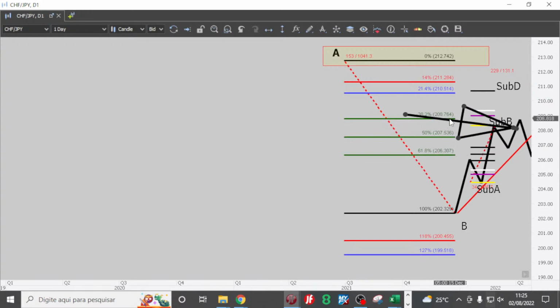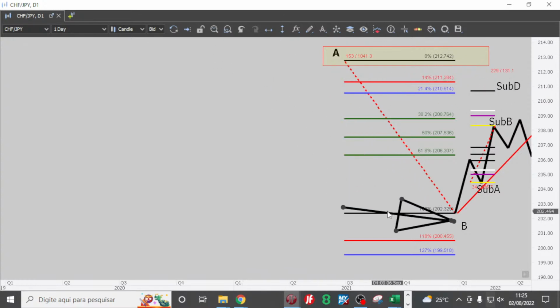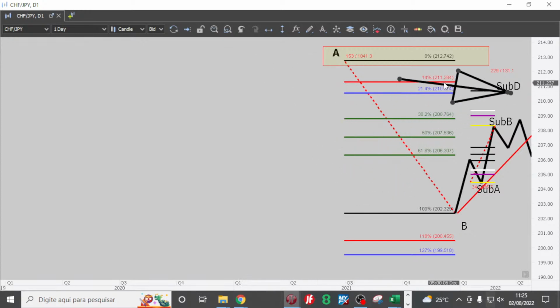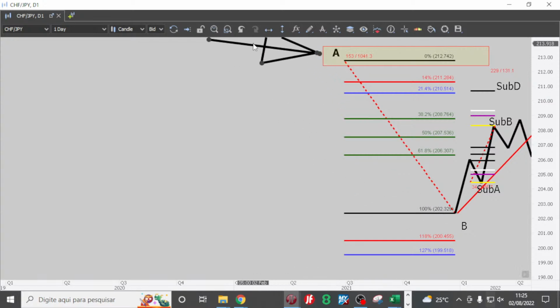And then the market is going to make a lower low, changing the trend direction, changing the short-term trend, right? Is the sub-D extension inside the AB boundary of the original one, or is the sub-D extension above the A of the AB boundary of the original one? What's the answer?